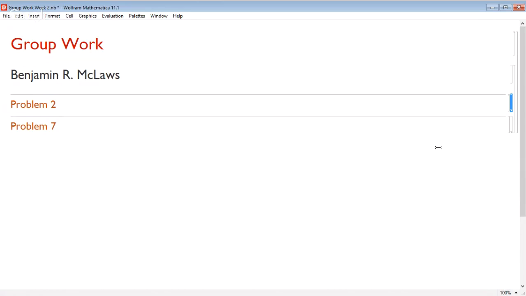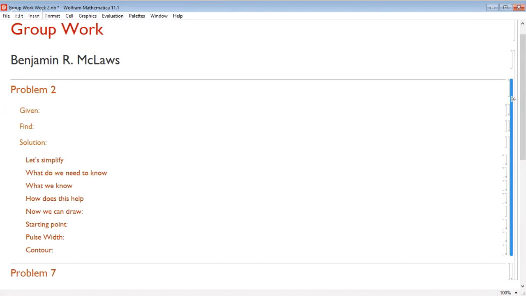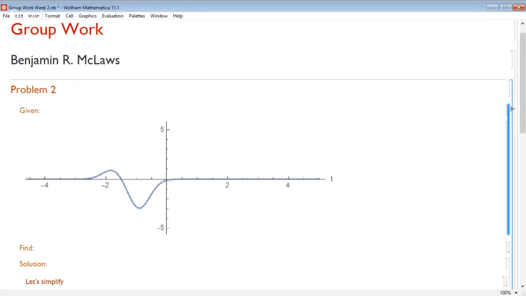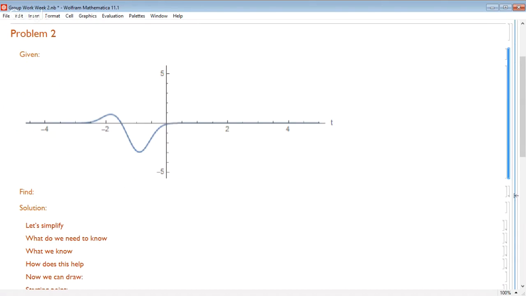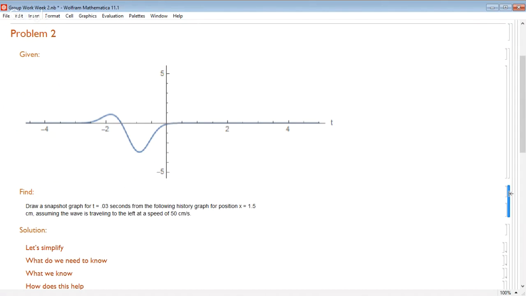So today we will be working on problem 2 from the week 2 group works. In this problem, we have this screenshot, or how I call it, a snapshot diagram for a wave traveling. Now, the problem states, draw a snapshot.